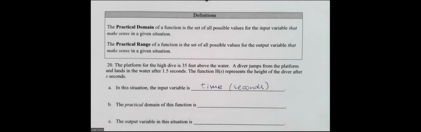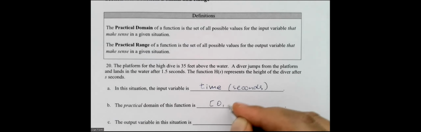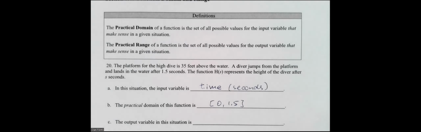That's the beginning of his jump. At the beginning of a process, usually the time is 0. So our practical domain is between 0 and 1.5 inclusive. All right, so that's going to be our practical domain for this function.